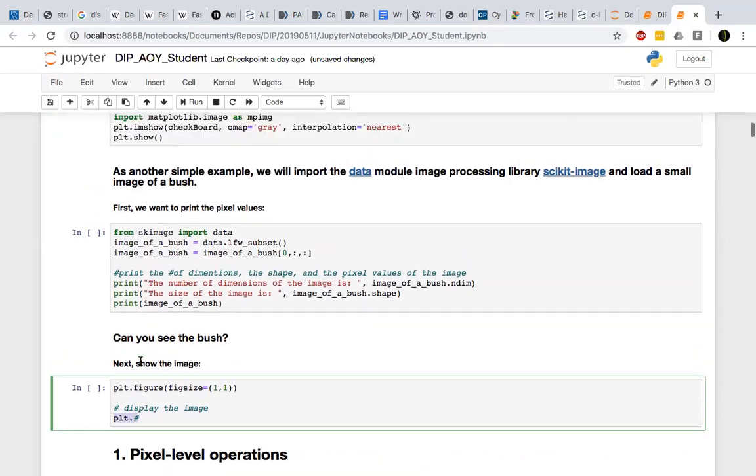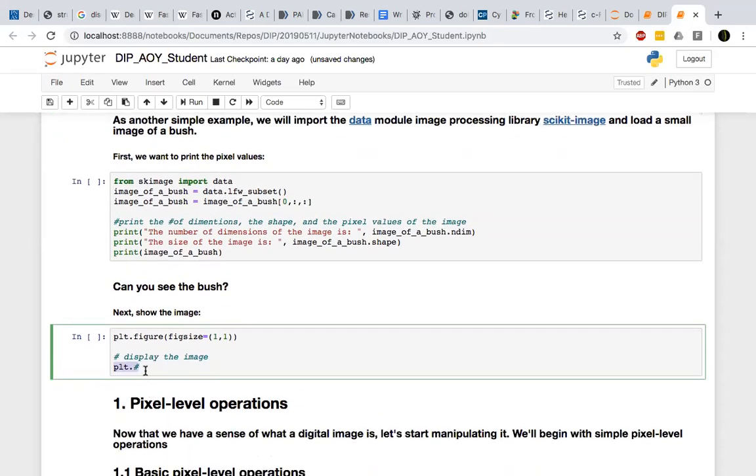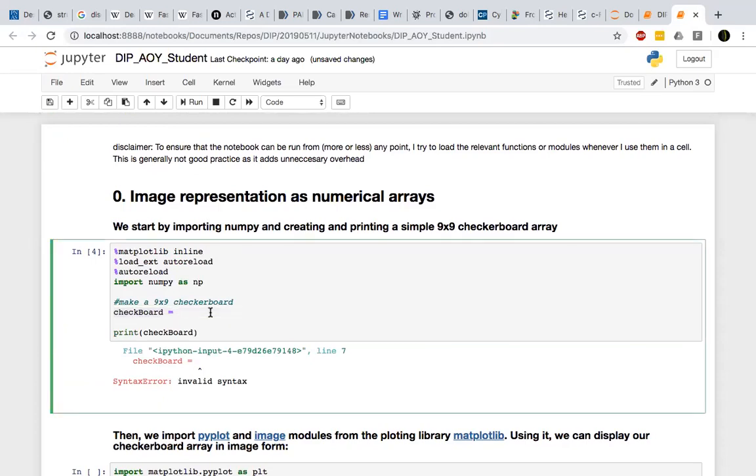Everything else should run smoothly, but these two things you need to fill in yourself and make it run. So let's take 10 minutes to go from 0 point nothing to 1. This is a warm-up to get you familiar with what pixels are and how we play with them.